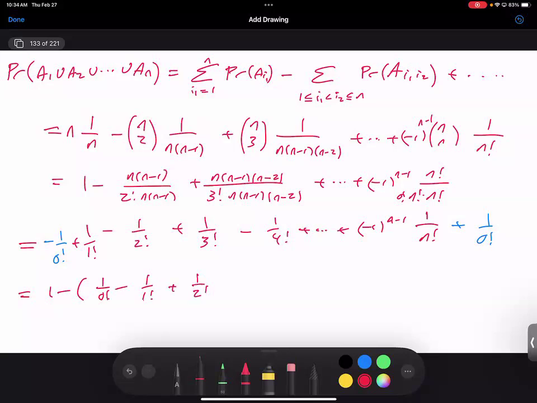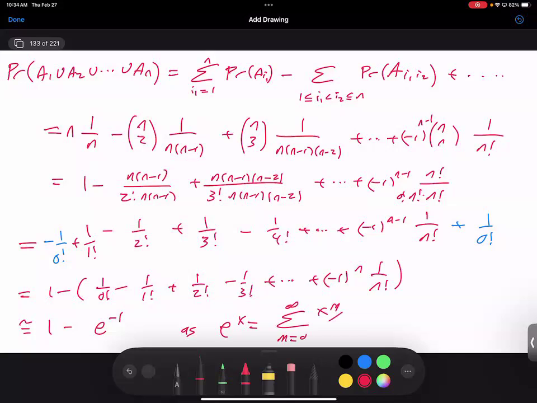Plus 1 over 2 factorial minus 1 over 3 factorial plus dot dot dot, and then plus negative 1 to the n, 1 over n factorial. And this is approximately 1 minus e to the negative 1, as e to the x is the sum, m goes from 0 to infinity, x to the m over m factorial. So this really looks a lot like just e to the negative 1.